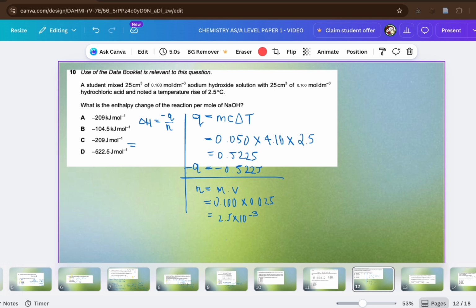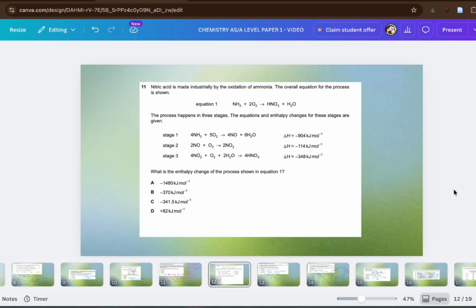When we divide both, it will result in, let's see, negative 0.5225 over 2.5 times 10 to the power of negative 3, negative 209 kilojoules, which gives us option A. Good job. Alrighty, y'all, let's move to the next question.